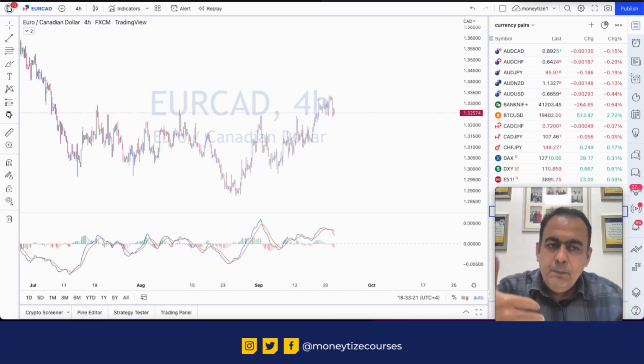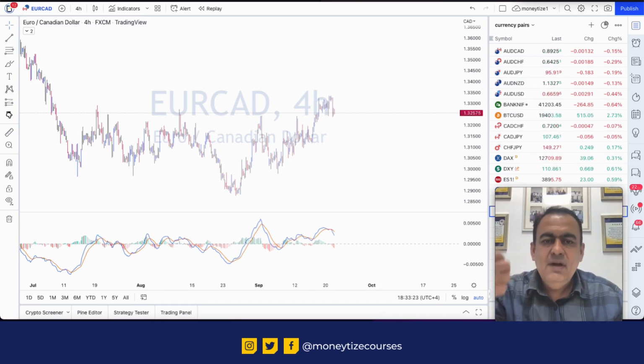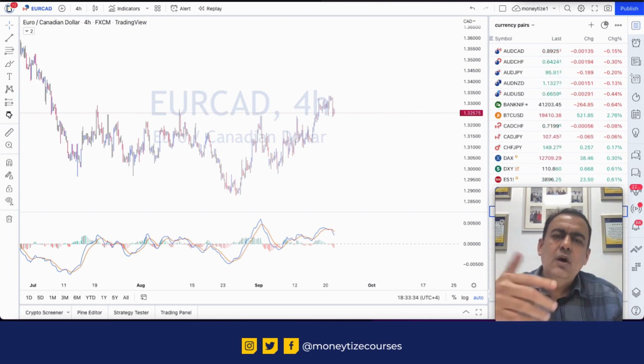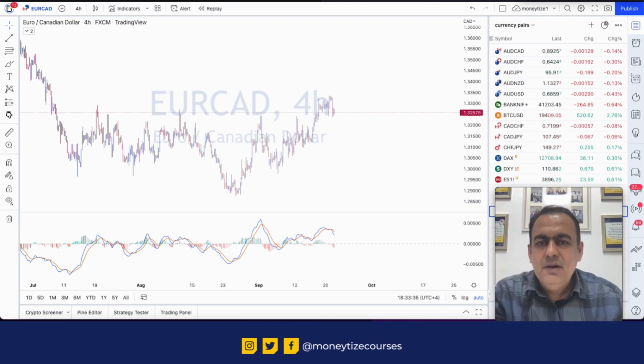So you have to plan in advance how much risk you are going to take per trade. Usually the ideal scenario is 1% risk per trade. But if you feel 1% of, let's say, a $1,000 account is just $10 per trade and it's way too low, then you may start with 2% risk, but not more than that.